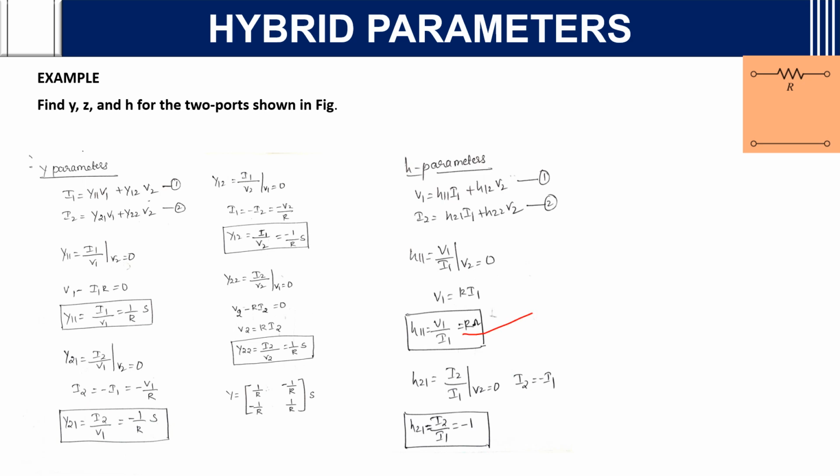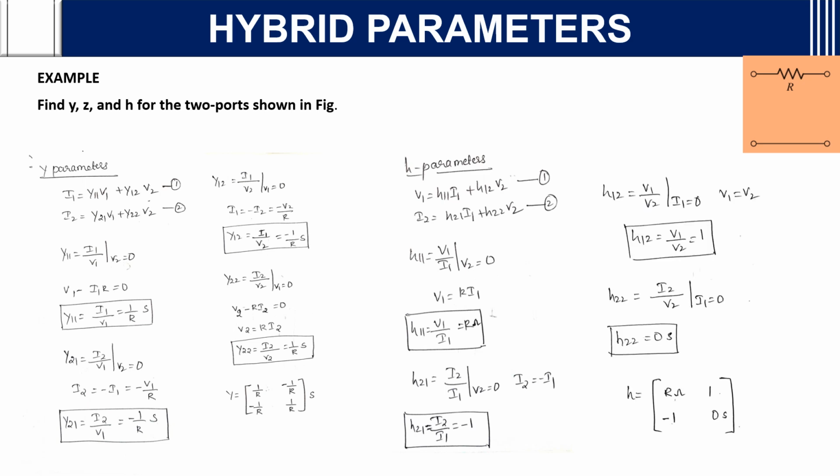When it comes to H21, it is I2 by I1. When V2 is equal to 0, it is in terms of I2 and I1, not the same port side, different ports. So I2 will become equal to minus I1. So minus I1 by I1, you will get minus 1 as H21. Then H12 is equal to V1 by V2, voltage.